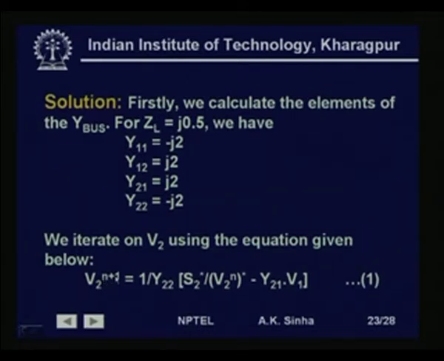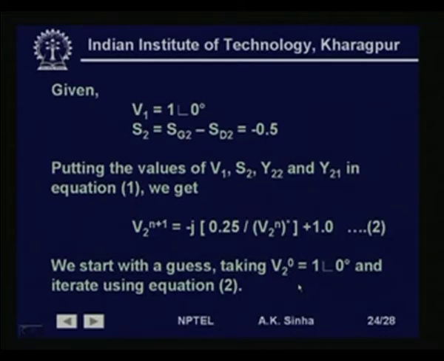V2 at (n+1)th iteration is 1 by Y22 into S2 conjugate, that is P minus jQ, so S2 conjugate divided by V2 at n conjugate, minus Y21 into V1. So, this is the equation that we have for updates of V2.